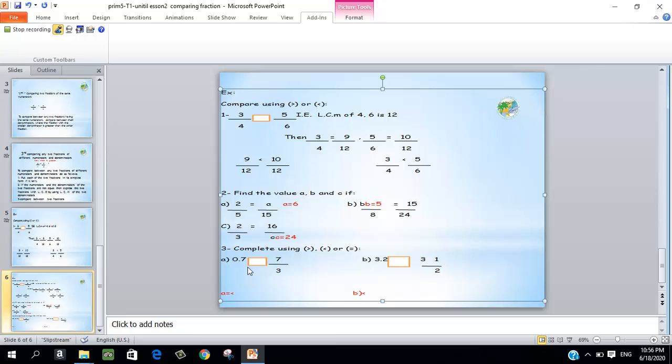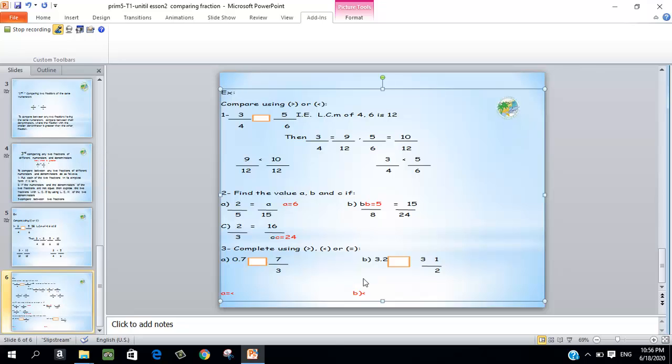How? 0.7 changes into 7 over 10. So we have 7 over 10 and 7 over 3. What is this? The same numerator. As long as it's the same numerator, look to the denominator. The greatest denominator gives the smallest fraction. So which is the greater fraction? 7 over 3 is greater than 7 over 10.